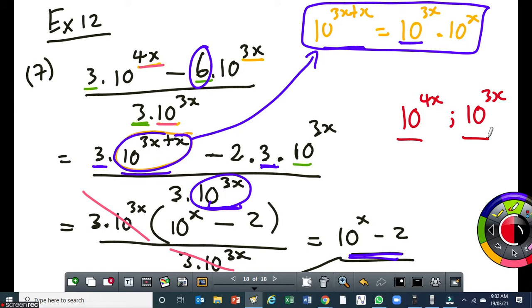Yes. So that's why I did this, to create 10 to the power of 3x, because it's going to be my common factor. Right?